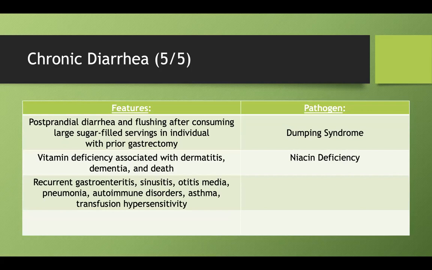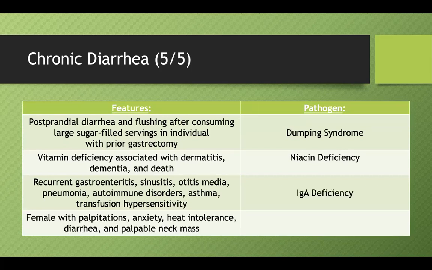I don't really think you'll get tested on this too much, but what if somebody has recurrent gastroenteritis, sinusitis, otitis media, pneumonia? If there's an association with several autoimmune disorders, asthma, transfusion hypersensitivity. I think this is also associated with like false positive pregnancy tests, kind of random. This is actually IgA deficiency.